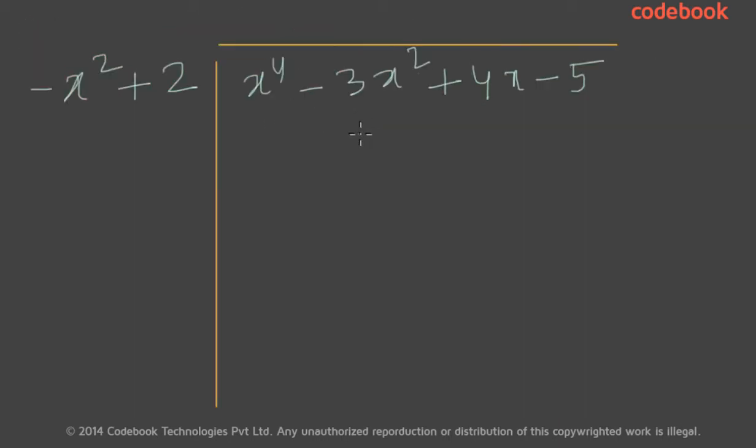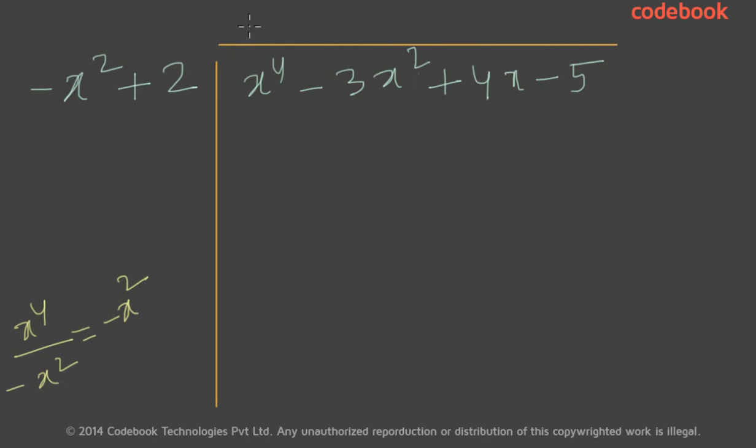So the second step of the division process is to divide the first term of the dividend with the first term of the divisor to find the first term of the quotient. The first term of the dividend is x power 4. When you divide x power 4 with the first term of the divisor, which is minus x square, the result would be minus x square. So minus x square times minus x square is x power 4.